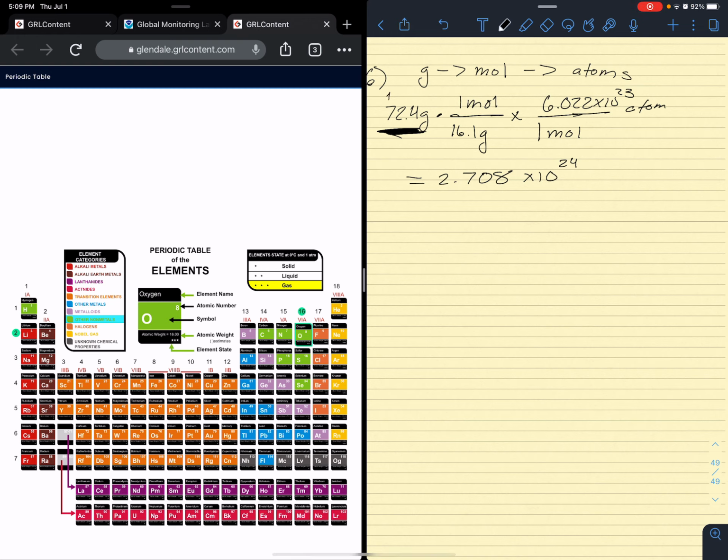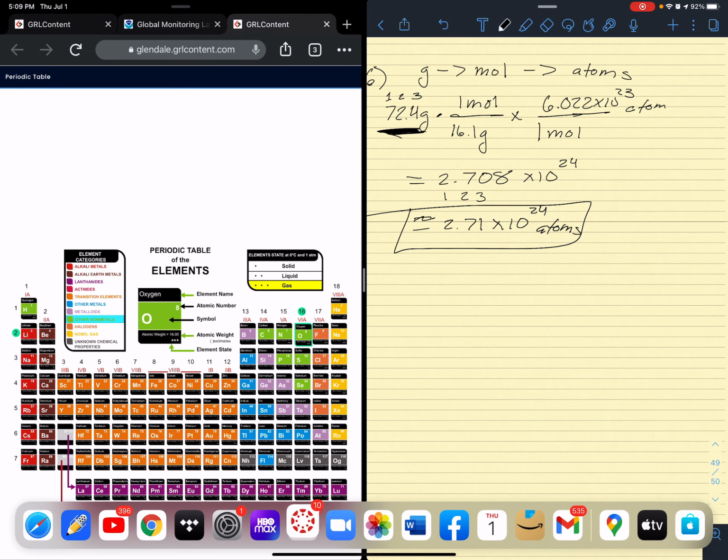This counts as 1, this counts as 2, this counts as 3, so you only put 1, 2, 3. And so you have to round the 8 up. So now it equals 2.71 times 10 to the 24 atoms.